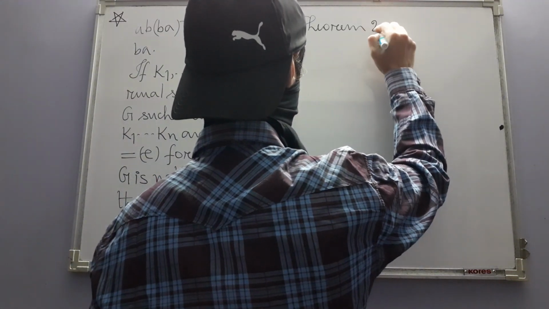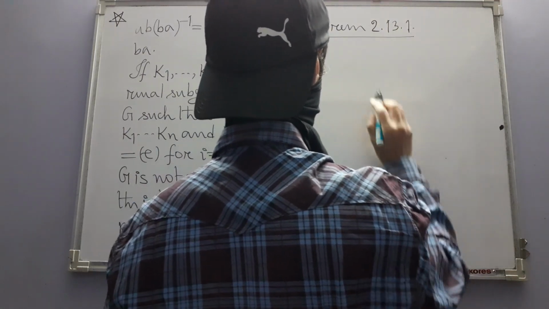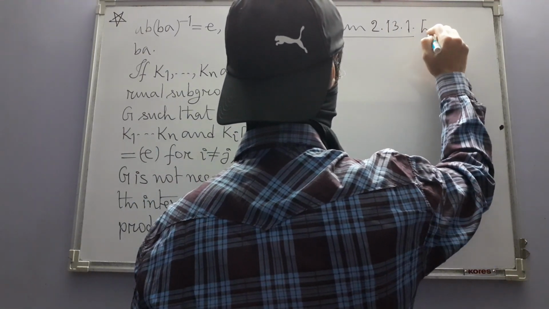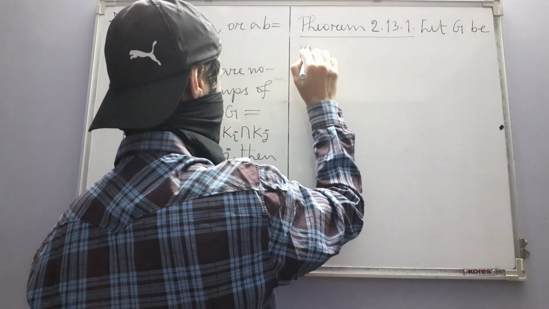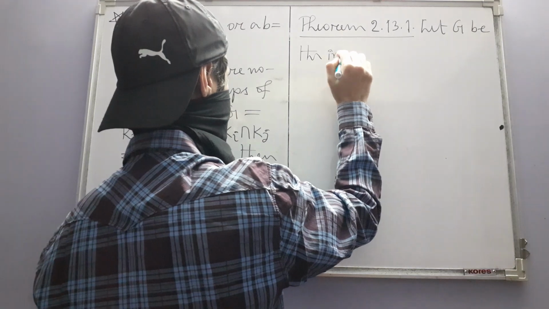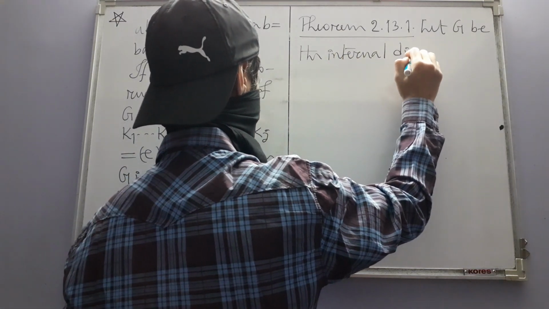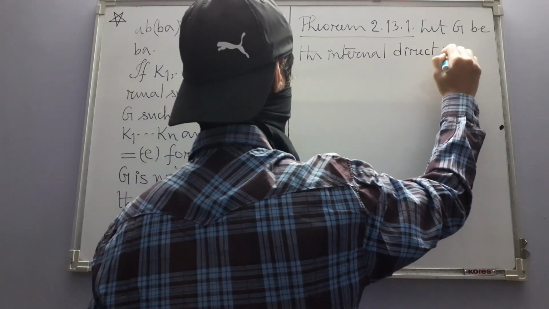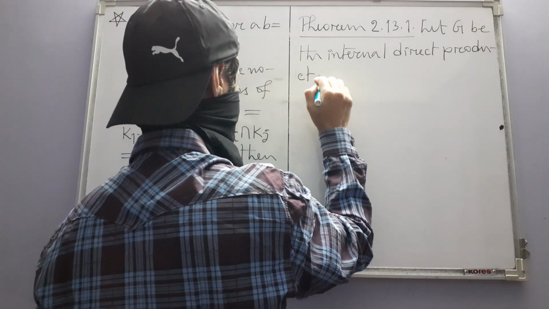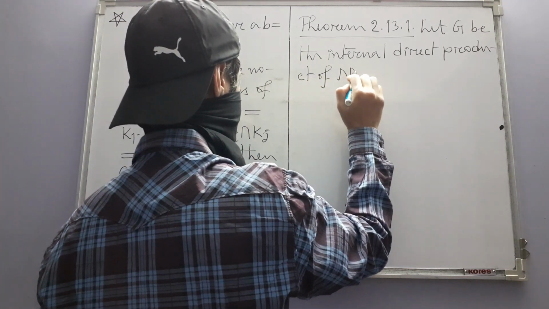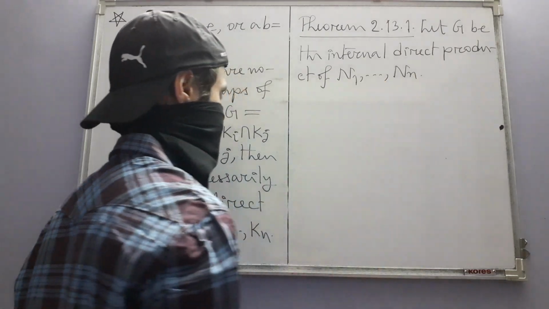So this is 213.1, theorem. Let G be the internal direct product of these ni's, which are of course normal.